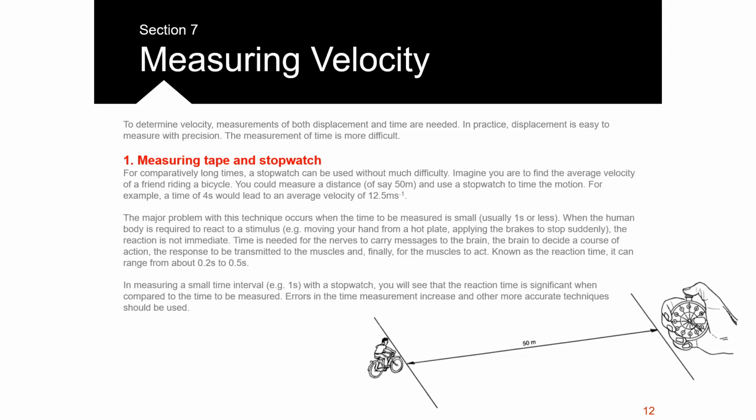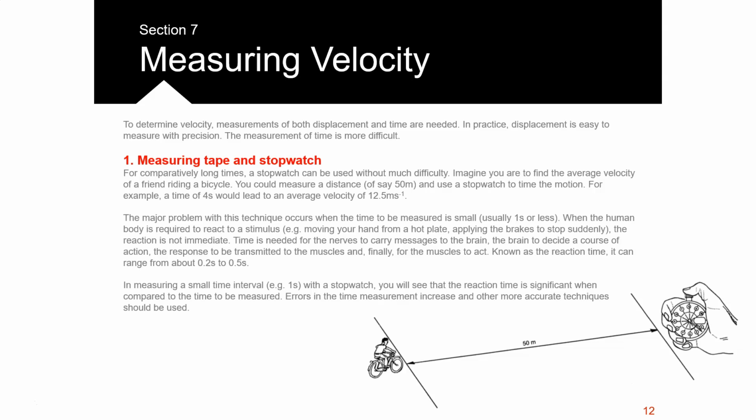The human error involved in the amount of time it takes for our brain to react and click that stopwatch is known as reaction time. And for humans, depending on who is measuring, that reaction time could range anywhere from 0.2 to say 0.5 seconds.